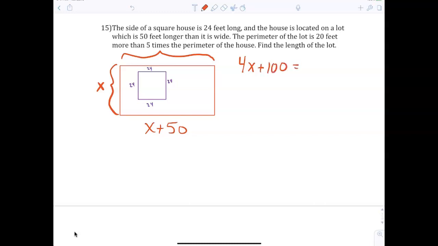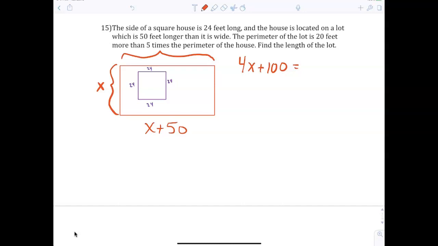Numerically, what is the value of my perimeter? Tell me. No, that's not a number. What? Definitely not 96. What is it? You have your calculator.